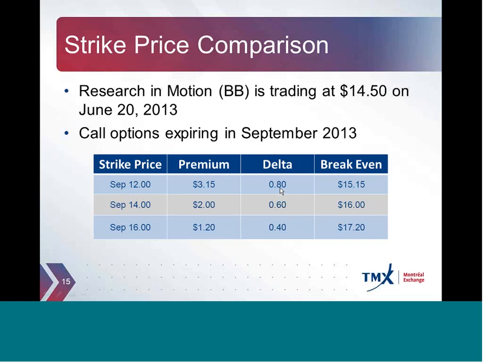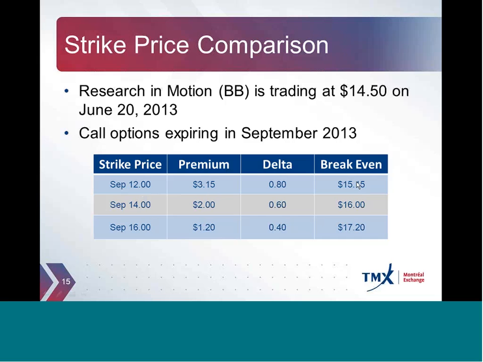Now, what this in fact means, though, is that while we're paying a higher premium, I want you to look at the break-even points, because this is where a lot of times, again, novice option traders, aspiring option traders fail to recognize the importance of, and that is that your break-even point on the position is the strike price, in this case the $12 plus the premium.